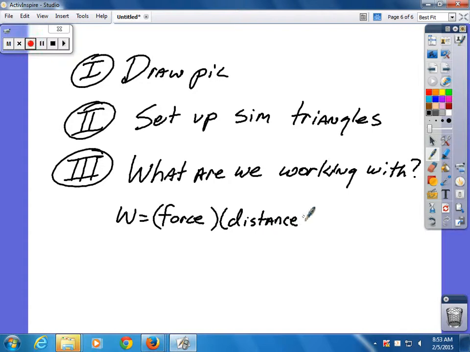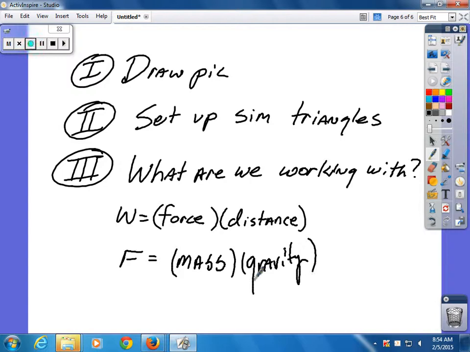Thank you, class, for being interactive. And force is equal to mass times gravity. I know I'm going to have some physics person say I'm doing everything wrong. Mass times gravity because of the metric in this one. Of course, with standard you wouldn't have to do that. And mass is equal to volume times density.